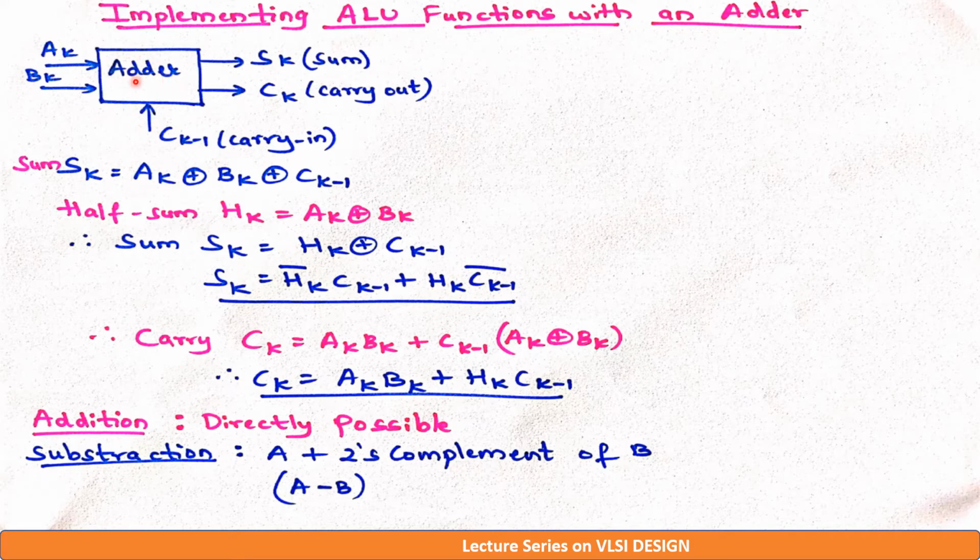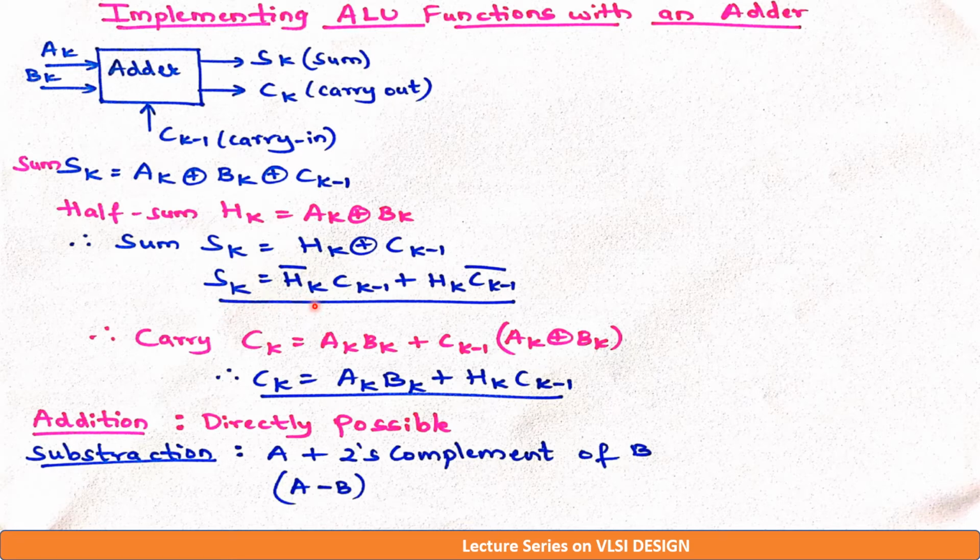Consider one bit full adder with inputs AK, BK, CK-1 as carry input, SK as sum output and CK as carry output. So sum expression is given by AK XORed with BK XORed with CK-1. AK XORed with BK is represented as half sum, therefore sum equals HK XORed with CK-1.